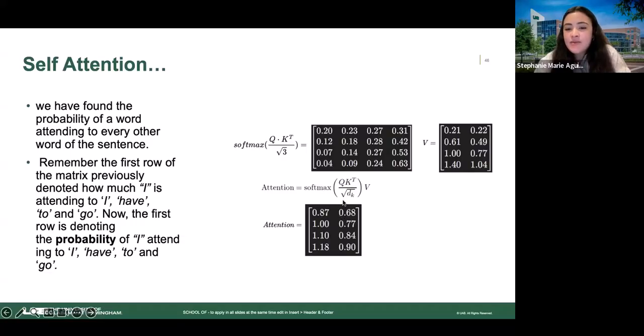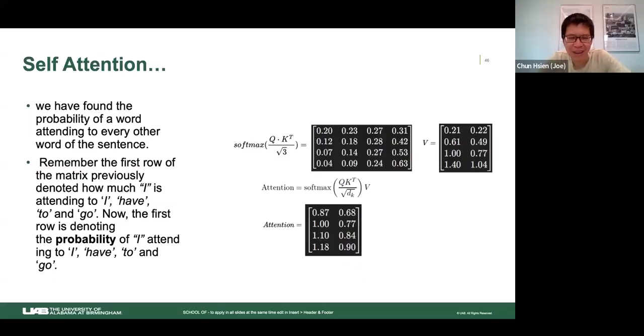These turn into probabilities, and for instance, I attends to I, have, and go, and each one of those probabilities will be seen there. But you're really thinking about the words, how they relate to each other in the same sentence. So that's the self-attention portion. Does that make sense?